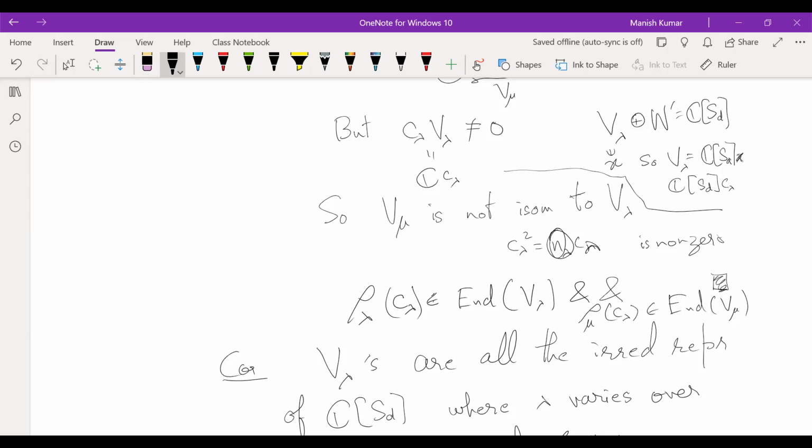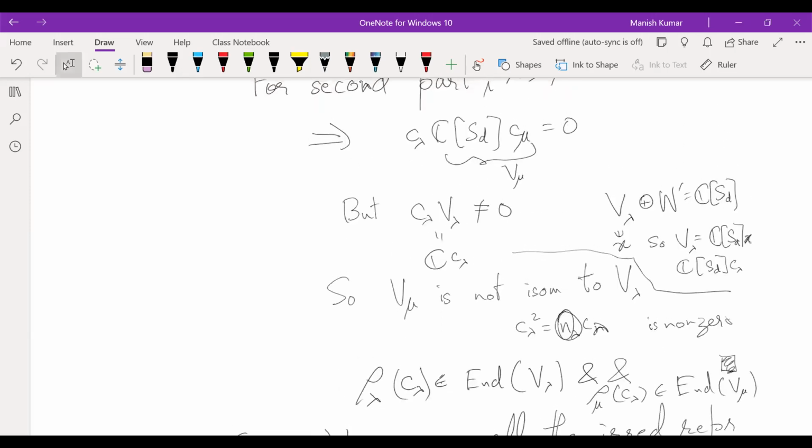But you can see that C lambda acts via something non-zero. It's a non-zero endomorphism. C lambda times V lambda is non-zero, whereas C lambda times V mu is the zero map. Okay, sir, got it. So that is where we are using it. So this is zero, but C lambda times V lambda is not.